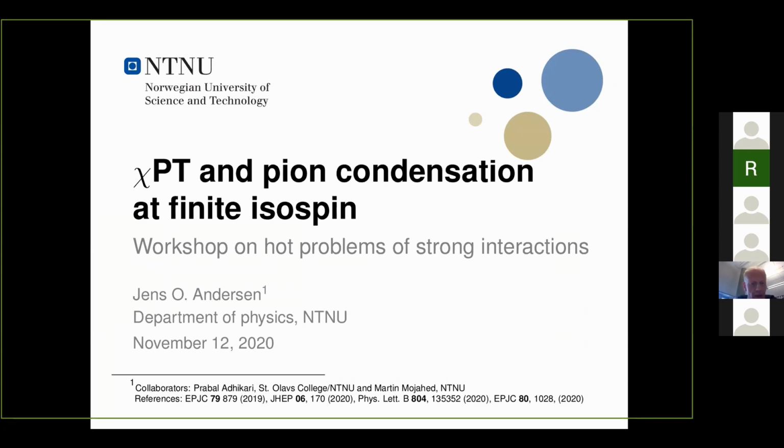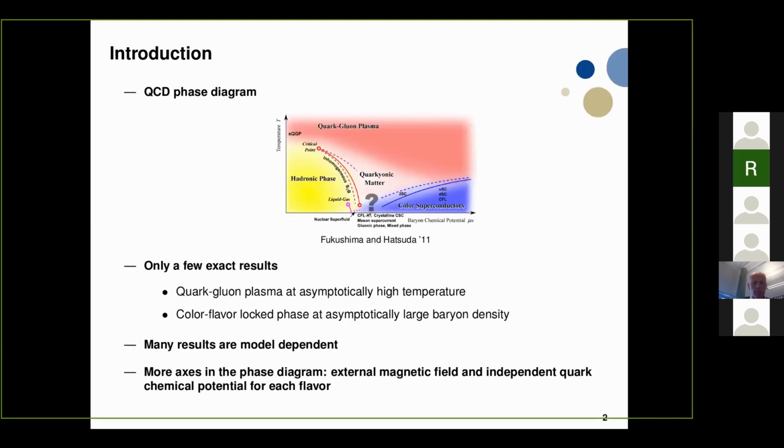What I'm going to talk about today is isospin, applying chiral perturbation theory to the problem of pion condensation. At the bottom of this page, I've listed my collaborators as well as a few references if one is interested in details.